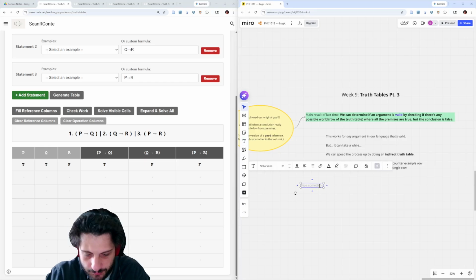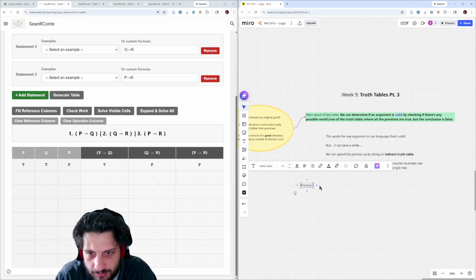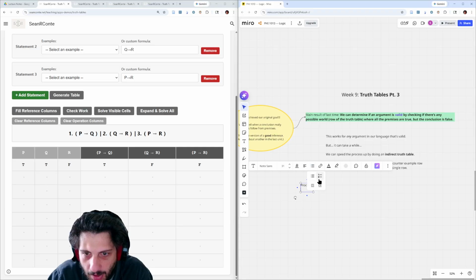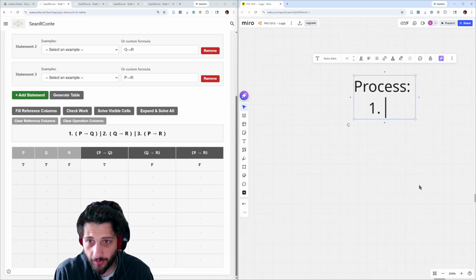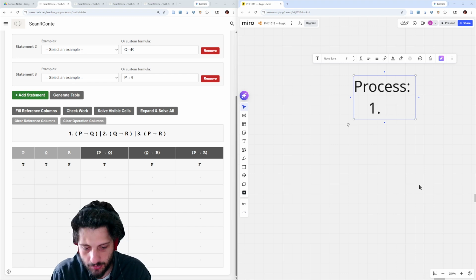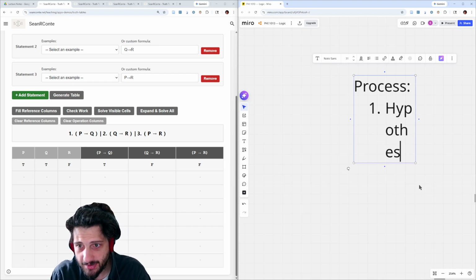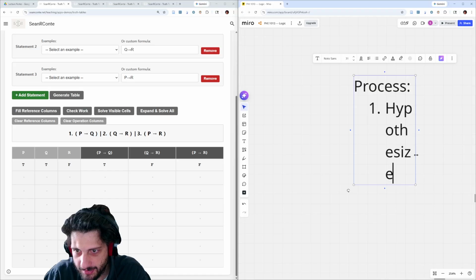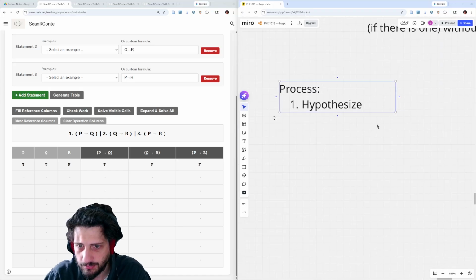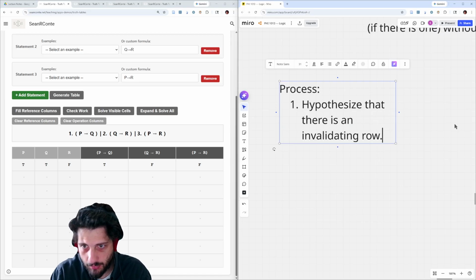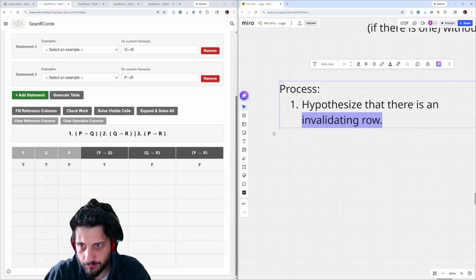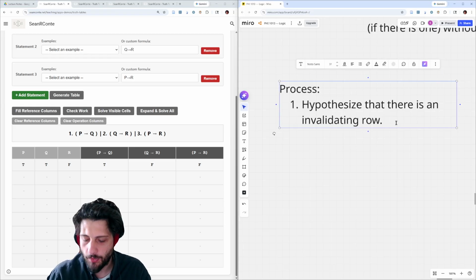So let me write this down a little bit more specifically. The process is to do the following. First, we want to hypothesize that there's an invalidating row. What does that mean?